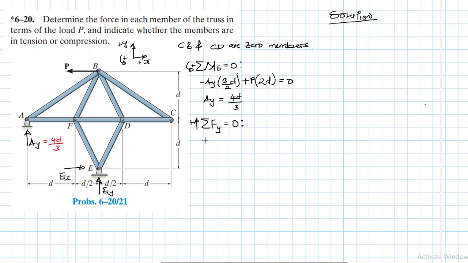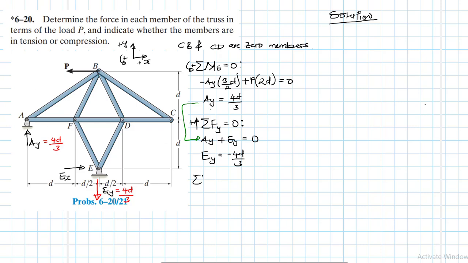We have AY plus EY equal to 0. But we've already calculated what AY is, so we can just replace it there. When we do so, we realize that our EY is equal to minus 4P divided by 3. The minus simply means this arrow is going to change. Instead of pointing up, it is going to point down, so this is equal to 4P divided by 3.